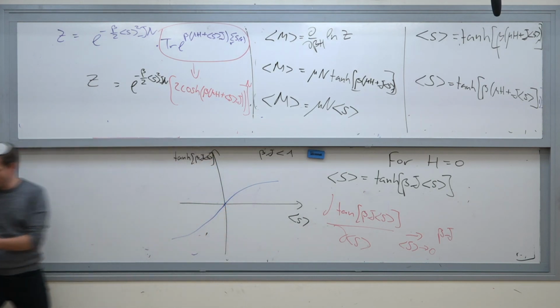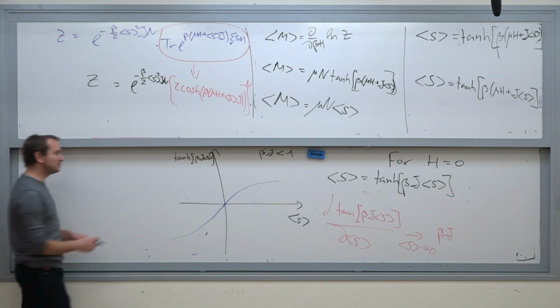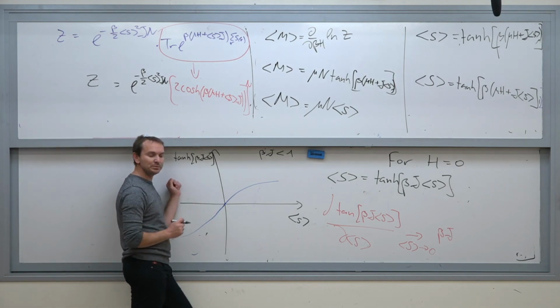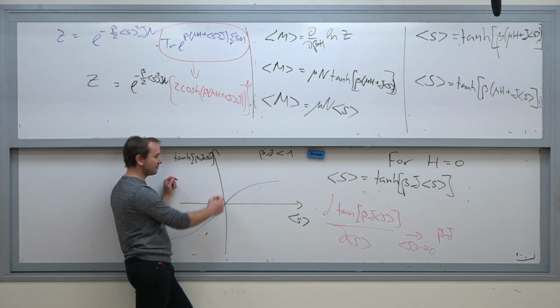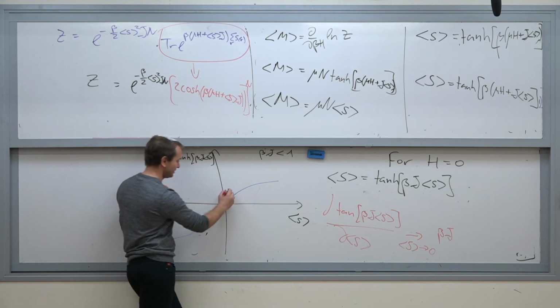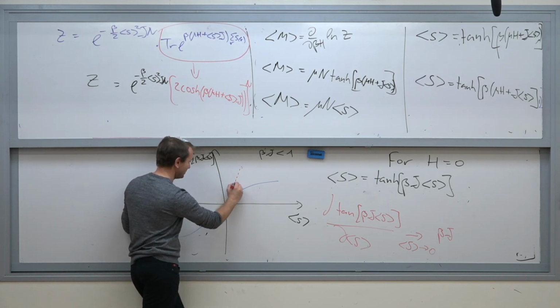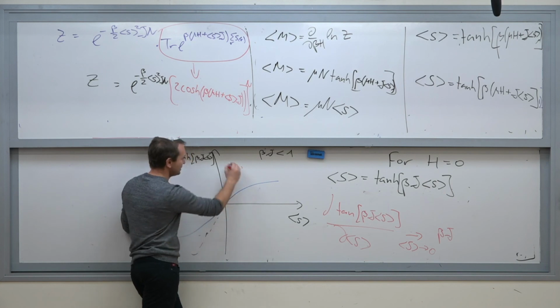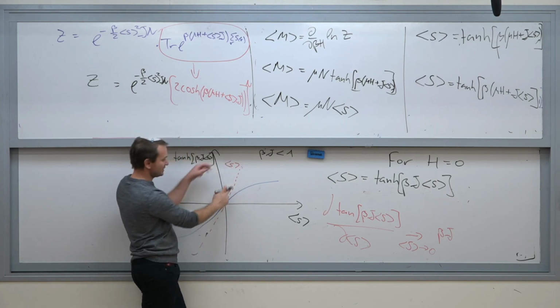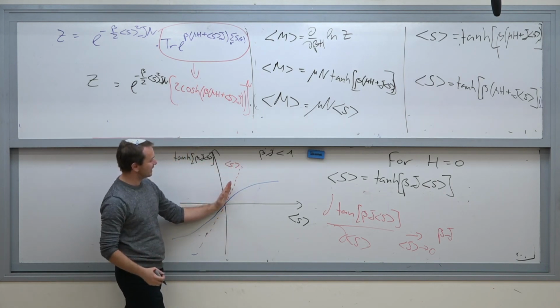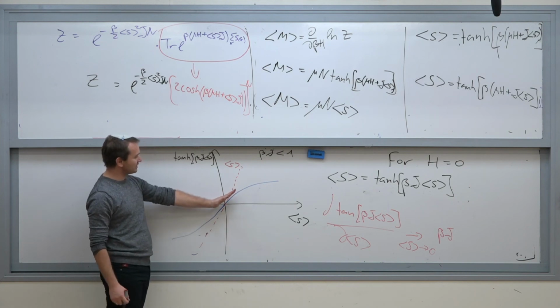On top of this, I plot a linear function, S equals S. The slope of this one is 1, the slope of the other is beta J, and it's smaller than 1.